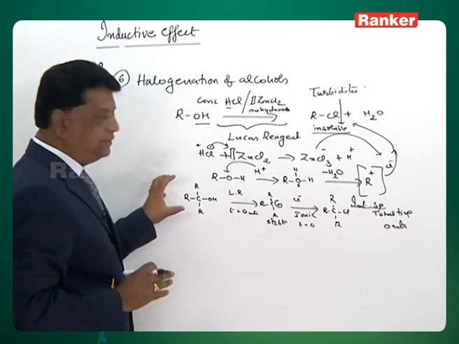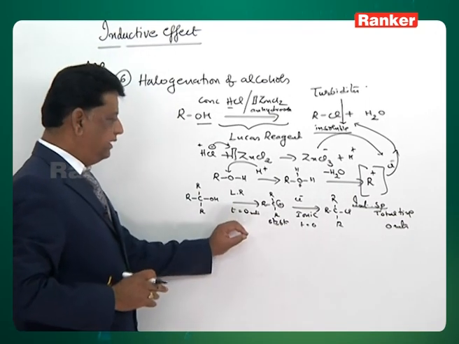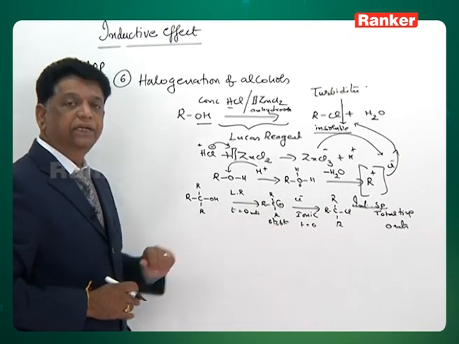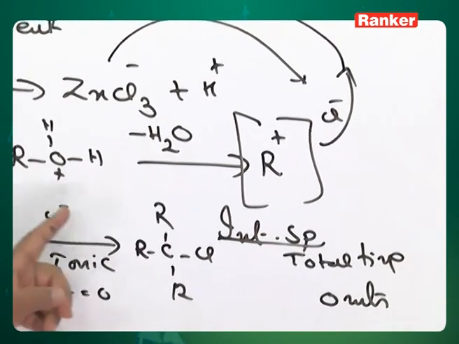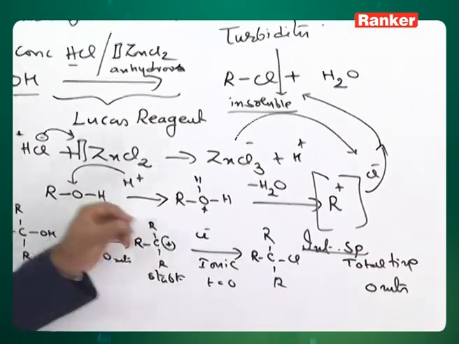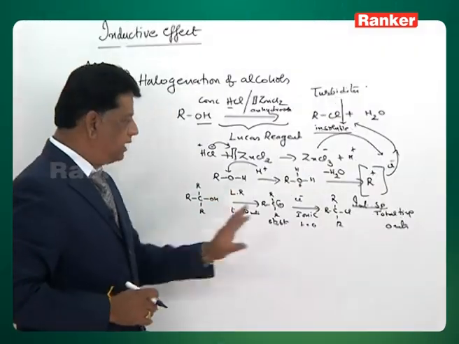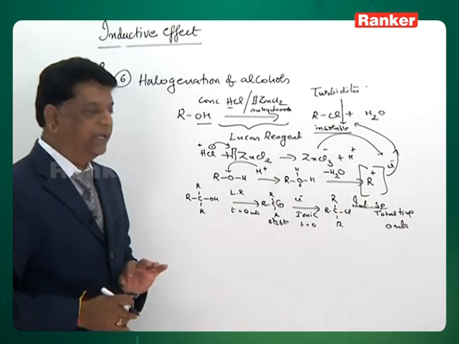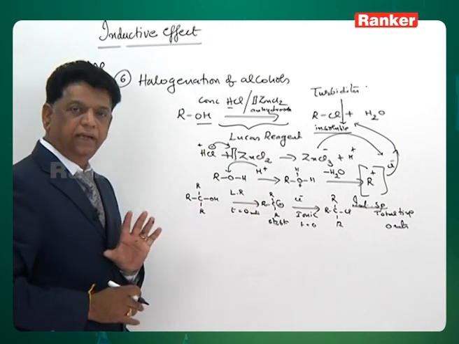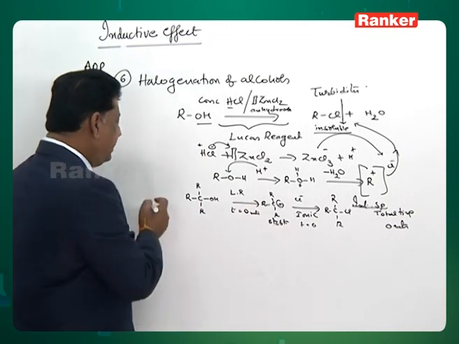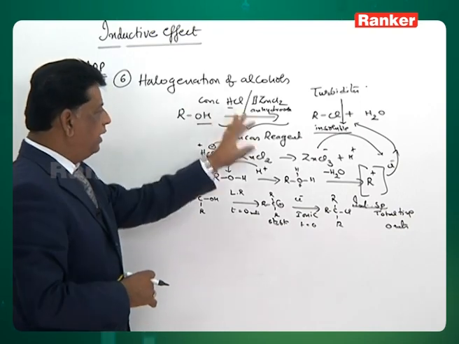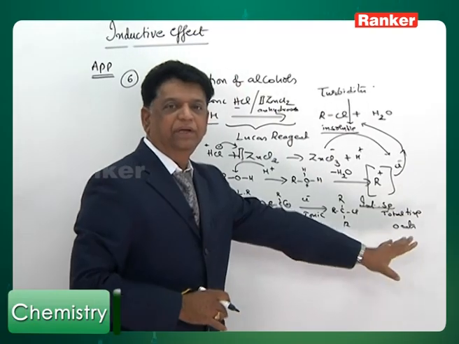So, the moment tertiary alcohol is added to Lucas reagent, you instantaneously get the carbocation because it is very stable. Then immediately Cl minus attacks because it is ionic. The second step is ionic, so fast. So, turbidity comes in no time. The total time required to get the turbidity is 0 minutes, right. So, in the case of 3 degree alcohols, the moment you add Lucas reagent, you will get the turbidity, right.